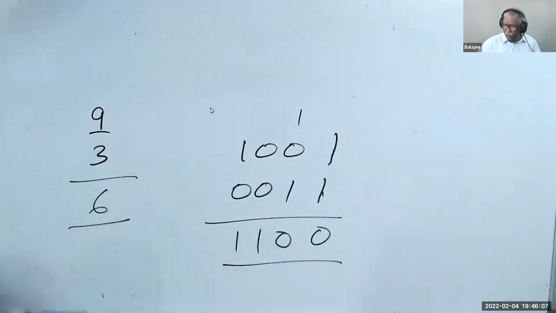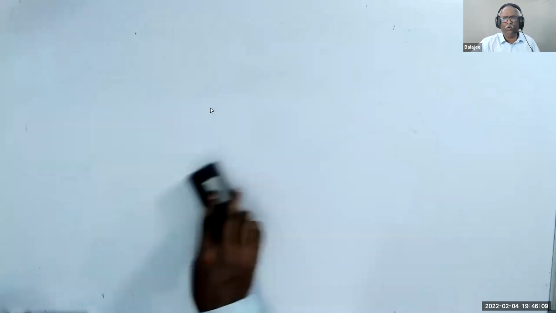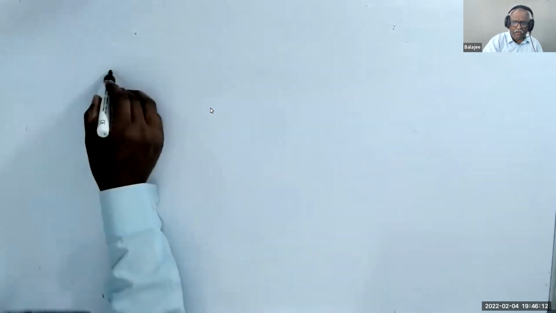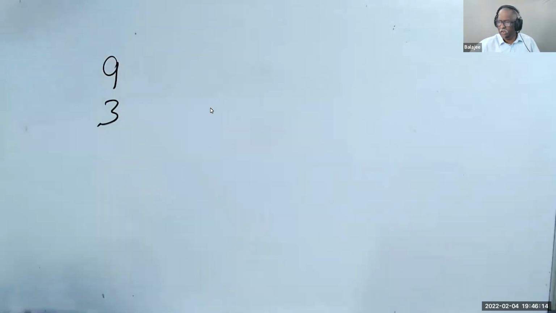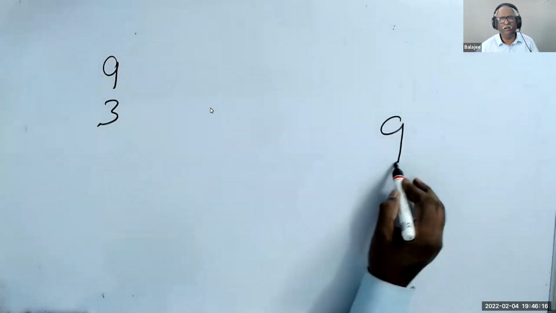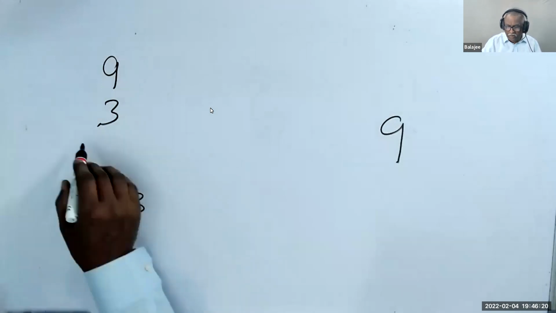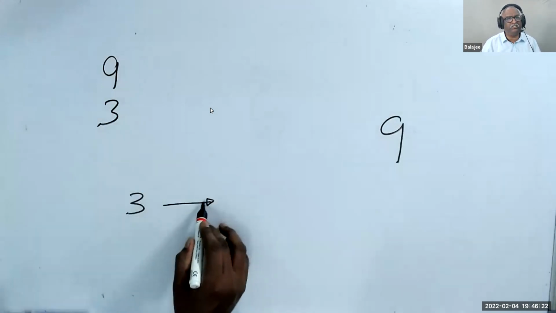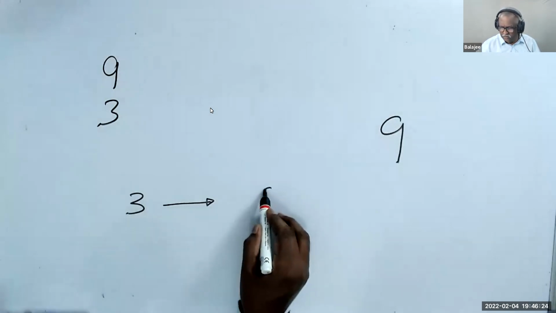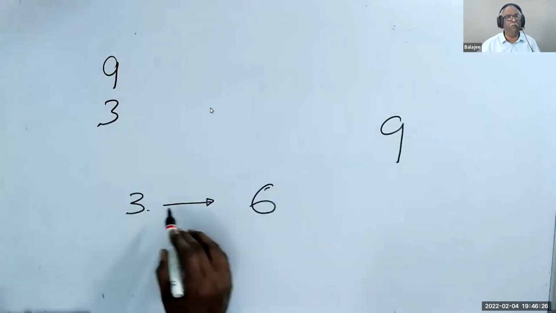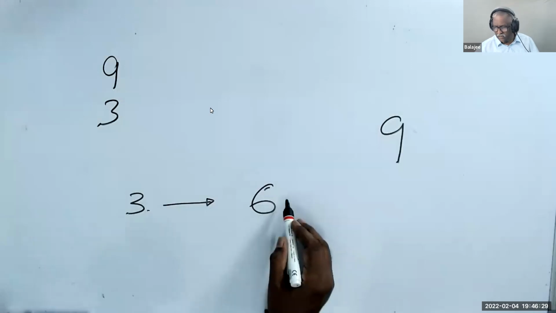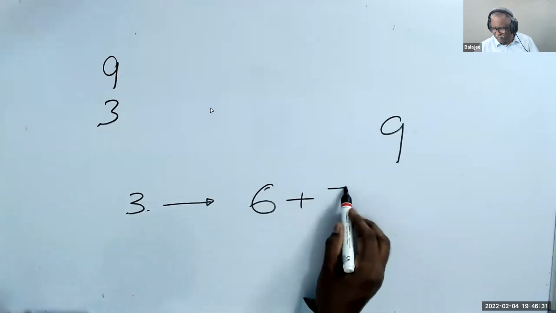What they have done is very beautiful. This is the trick. 9 minus 3. I take 9. I take 3. Am I right? The 9's complement of 3 is 6.